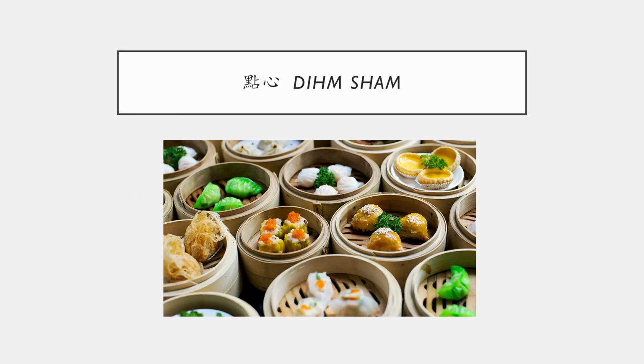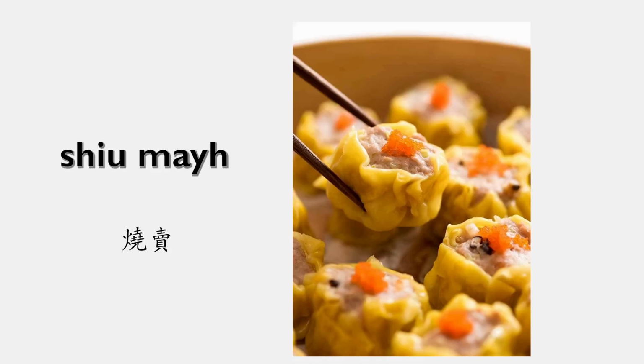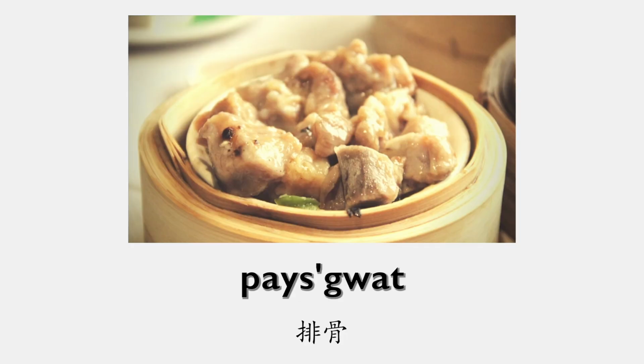And then here are some of my favorite words and what a lot of people associate with Cantonese, which is dim sum. So again, just focus on the Pingji, and as I read it to you, see if it makes sense or if you're able to read it yourself. Ha gao. Siu mai. Pai guat.